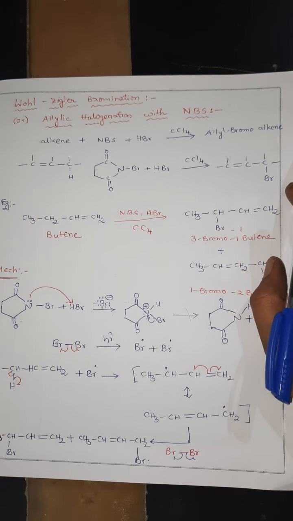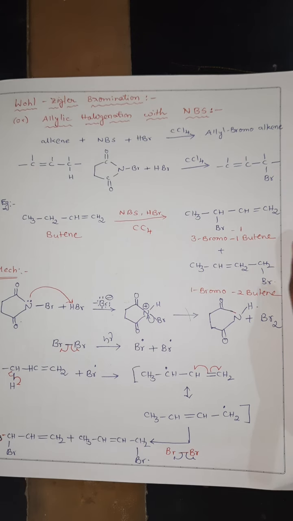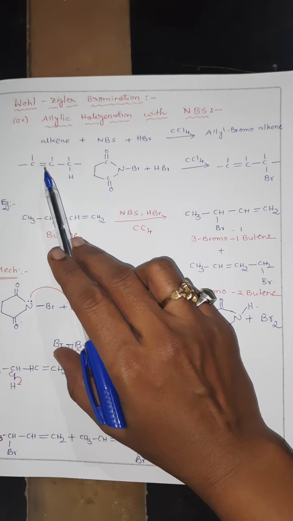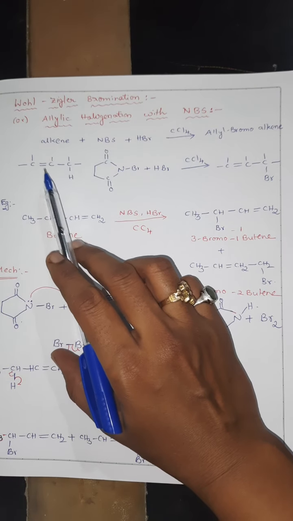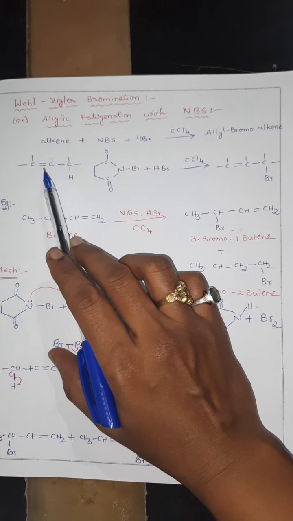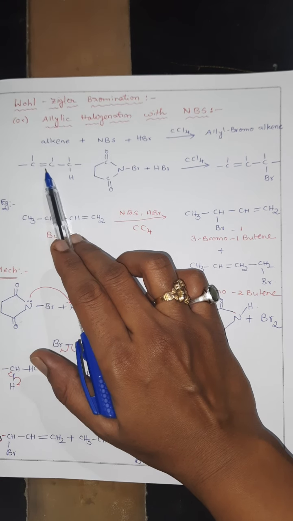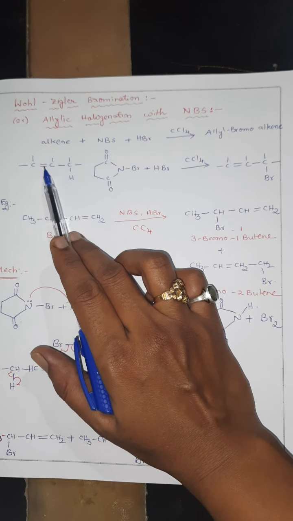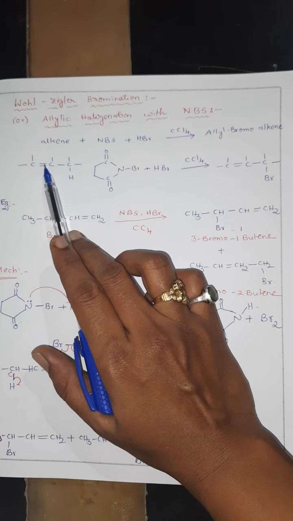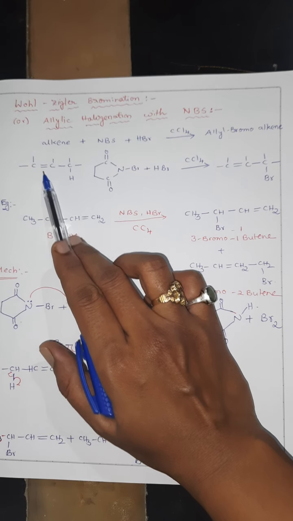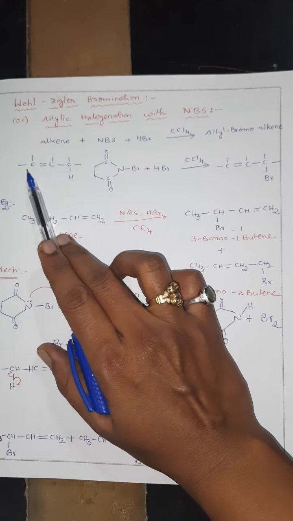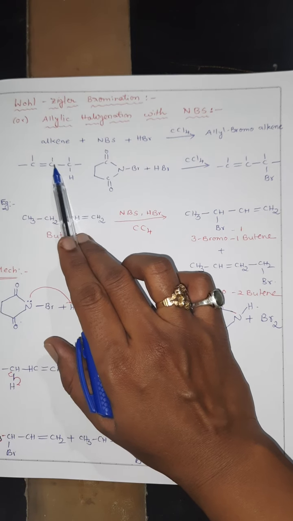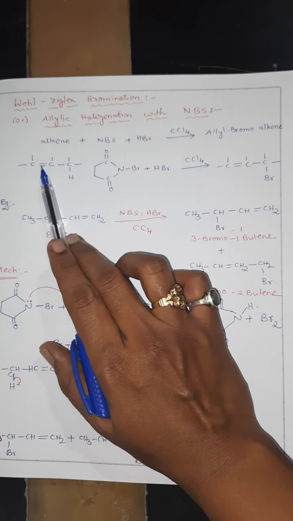haloalkene. So the main importance of this reaction is that when we treat an alkene with molecular halogen, it undergoes an addition reaction. It breaks the halogen molecule, breaks the double bond, and adds to these carbon atoms. Halogen is added on both sides of the double bond.